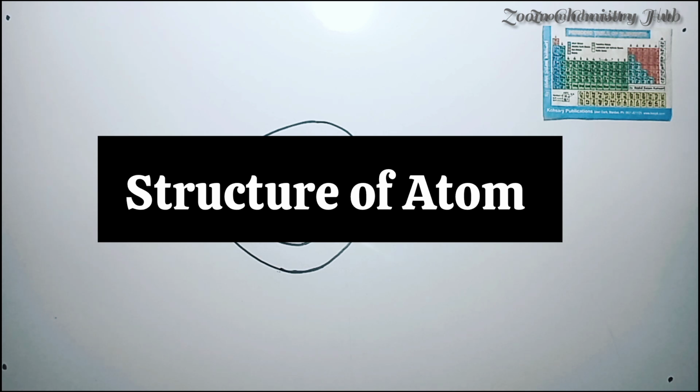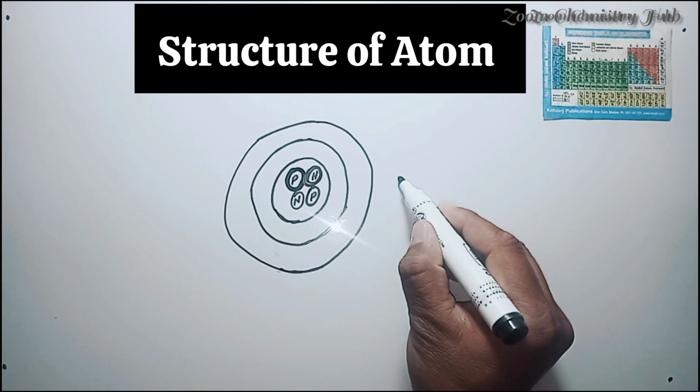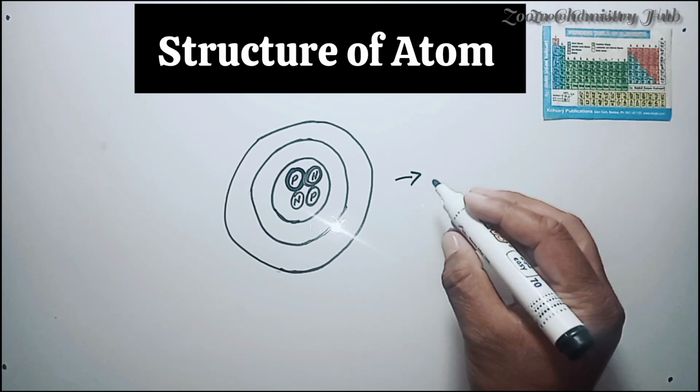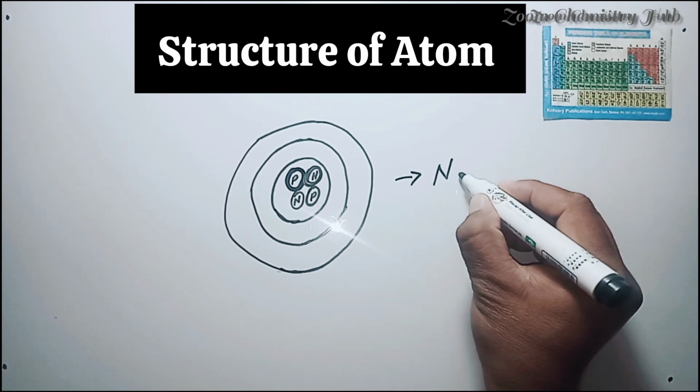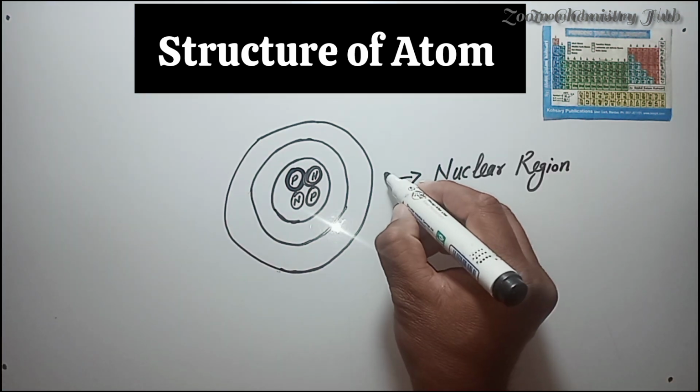Today in this video we will discuss and learn the structure of an atom. An atom consists of two parts: the nuclear region and the extranuclear region.